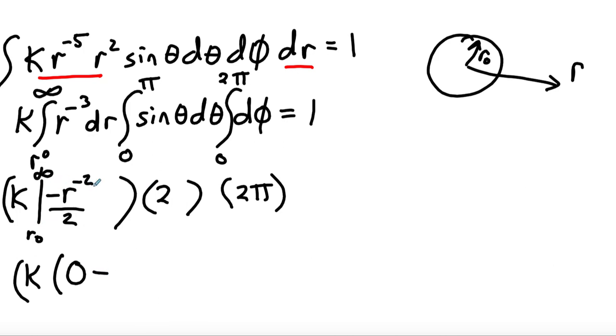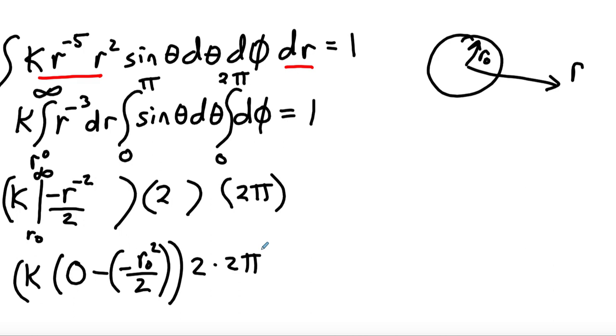And if we plug in r0, we have negative r0 squared over 2, times 2 times 2 pi. Oh, this is r0 to the negative 2. So we can see the negatives are going to cancel. We'll get a positive number. We can also just call this r0 squared on the bottom here.